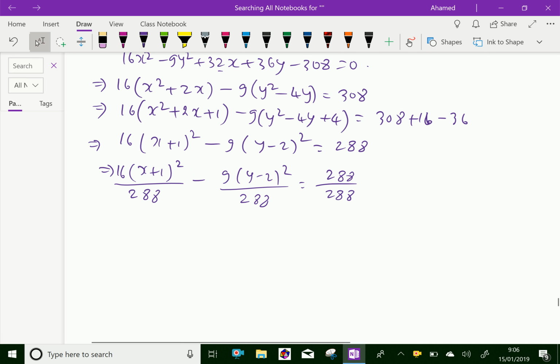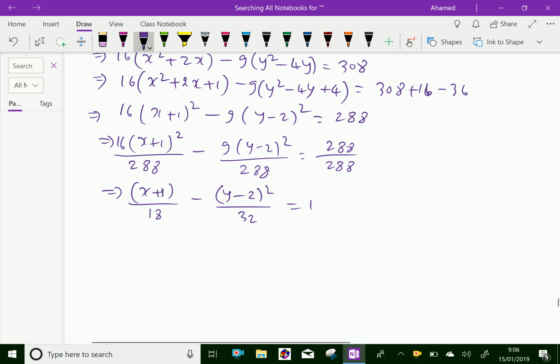Now, 288 divided by 16, that is 18, so x plus 1 whole square over 18, minus 288 over 9, which is equal to 32, that is y minus 2 whole square over 32, equal 1.